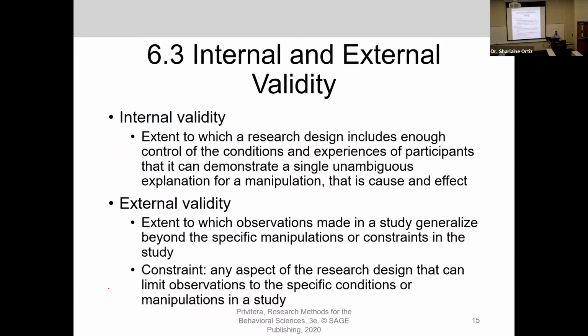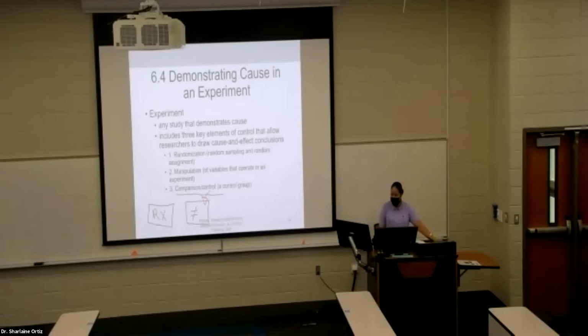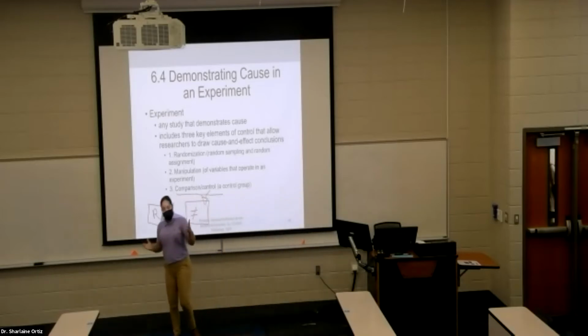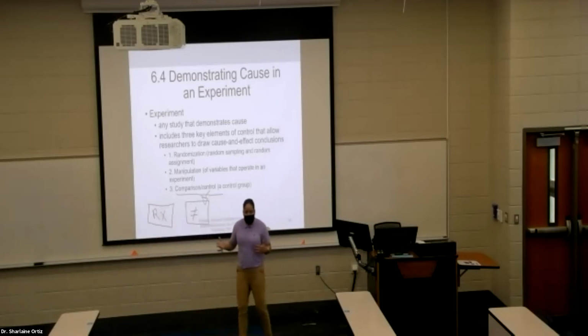if I erase everything here, remember that I want to make sure that the factors within my research remain internally valid. In order for me to do that, I need to ensure that all the conditions except for that IV are the same. So for example, if I have one group and this group is persons from the ages of, let's say, 57, 55, and 75, they are all lower middle class to middle class.